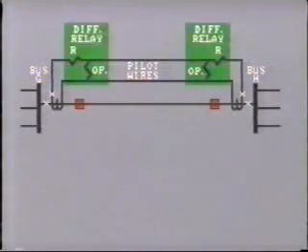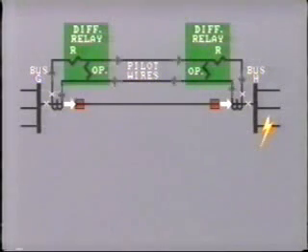Instead, we have a separate relay at each end of the line, and these are interconnected by the pilot wire, as we see here. The relays are fitted with restraining coils which try to hold the operating contacts open, while the operating coil tries to close them. Let's consider the case where there is an external fault, that is, a through fault.